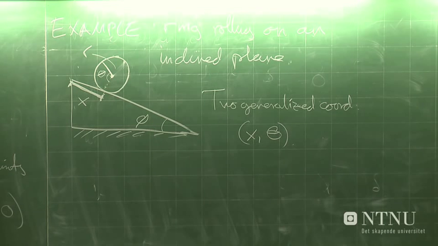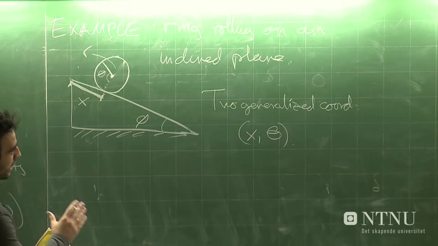So you see then that we're actually mixing now Cartesian and polar coordinates. But this is perfectly okay. This is very natural in the Lagrange formalism, where we're only dealing with generalized coordinates. So this can be anything. We can use x and theta or y and r, whatever. We do have now a constraint in the system.